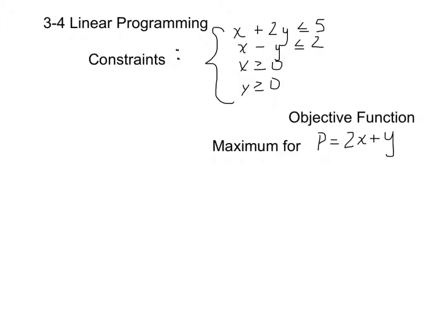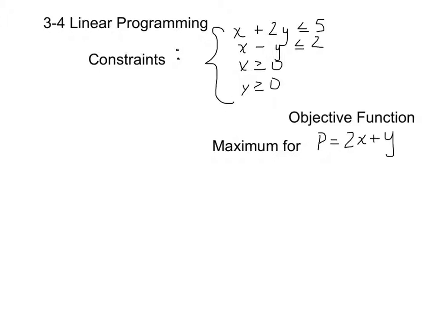That's going to make what we call a feasible region. Our feasible region will be tested by this objective function, P equals 2x plus y, to help us find a maximum value using the vertices of the shaded region.